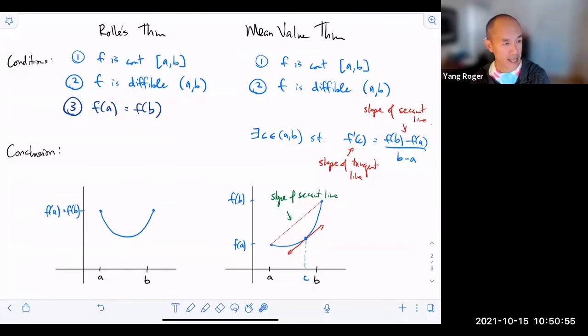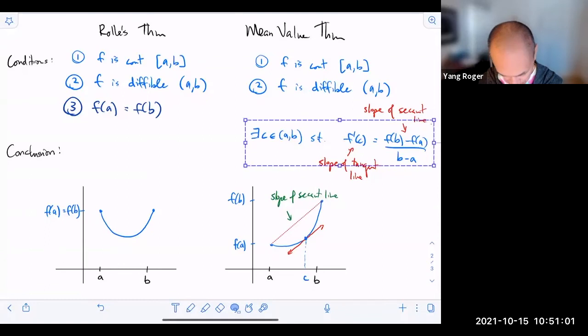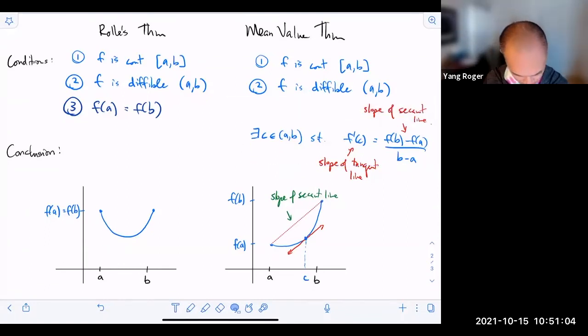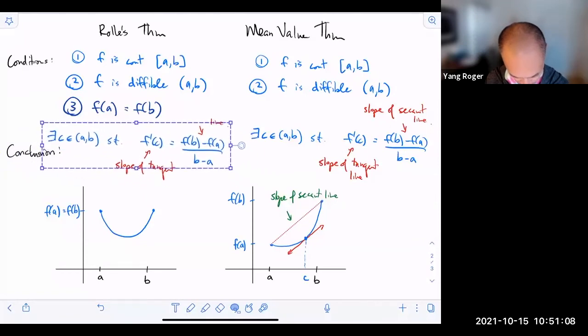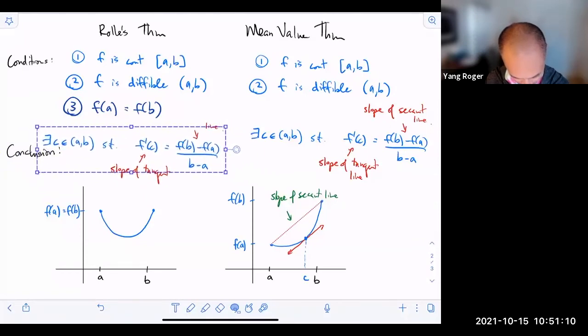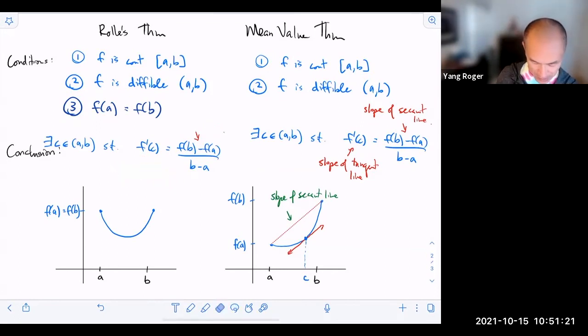If I take this conclusion and copy it over like this, it's true because Rolle's theorem is really a special case of the mean value theorem.